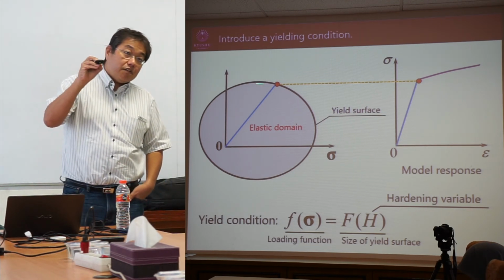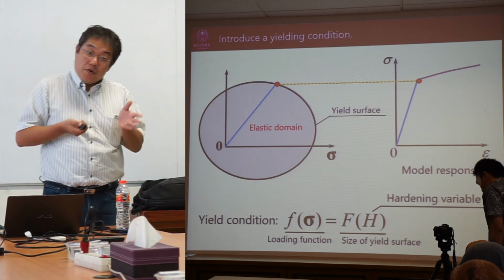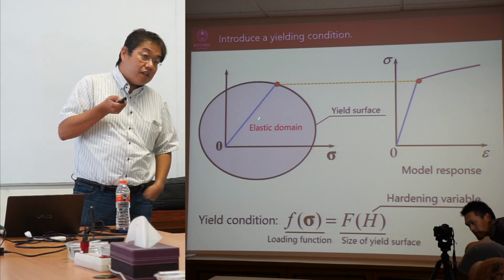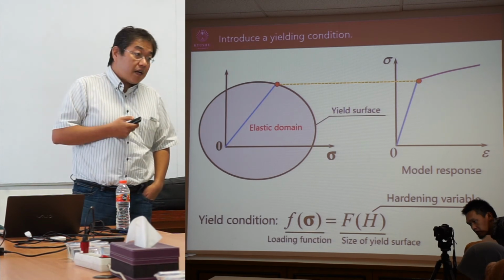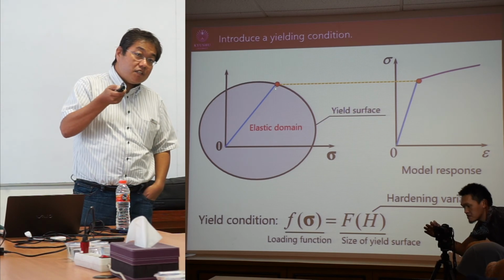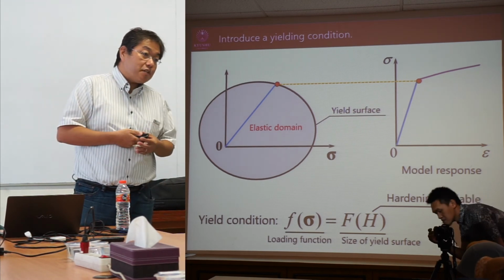The inside of the yield surface is a purely elastic domain, so no plastic deformation occurs inside. If stress moves like that, no plastic deformation occurs. But after stress reaches the yield surface and then moves there, plastic deformation occurs.